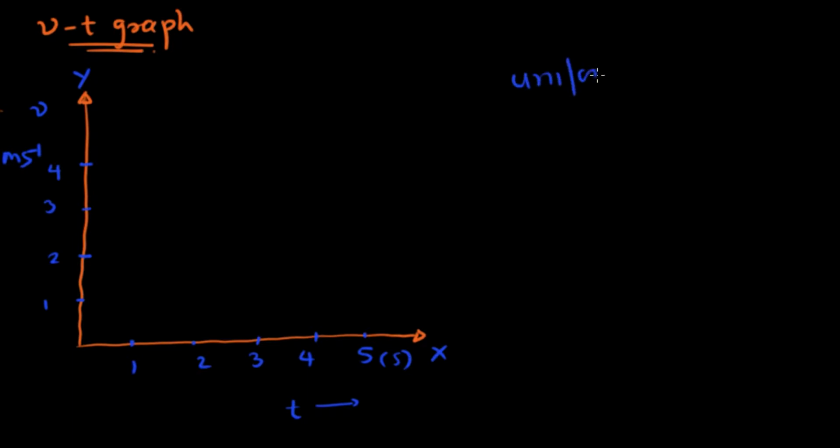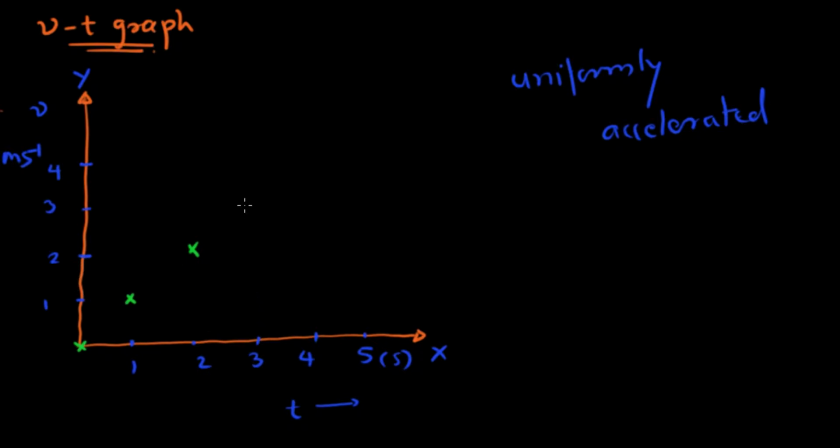The case right now in my hand is a body which is uniformly accelerated, and I've been repeating this so many times, that uniform acceleration means there will be equal change in the velocity value after each regular interval of time. So after 1 second, the velocity increases from 0 to 1 meter per second, and after 2 seconds it increases to 2 meters per second, so there is equal change in the value of velocity.